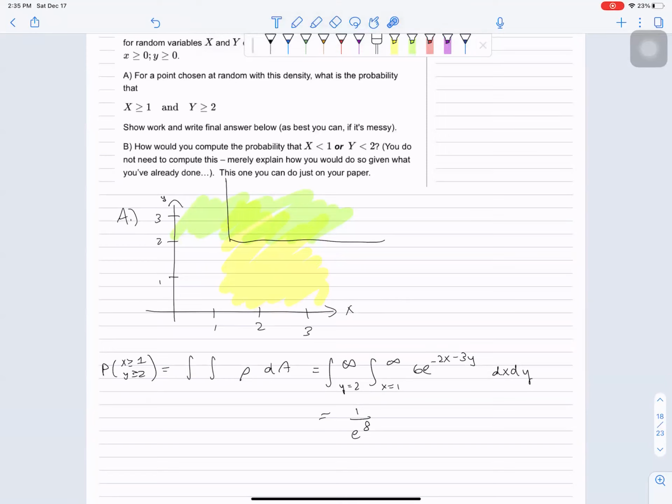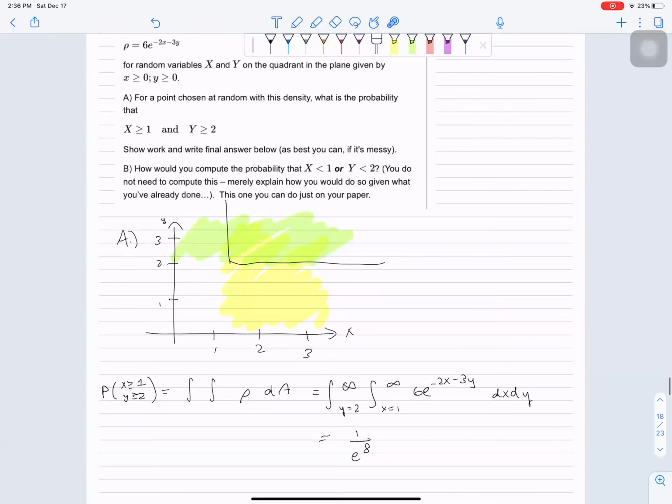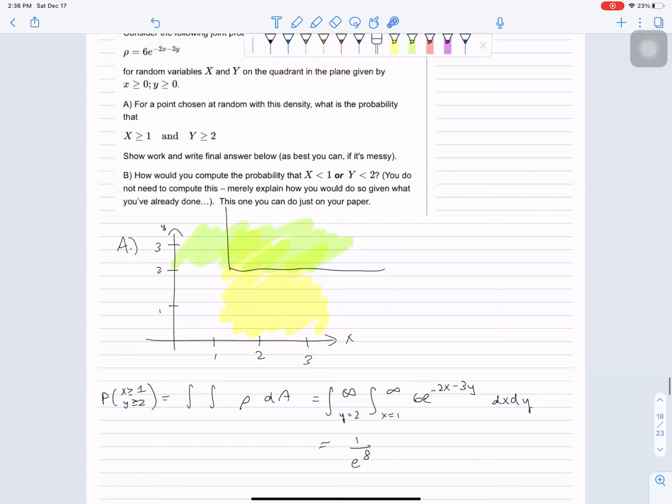What about part B? It says, how would you compute the probability that x is less than 1 or y is less than 2? So this one, the wording is slightly trickier. The probability that x is less than 1, let me draw a new highlight.